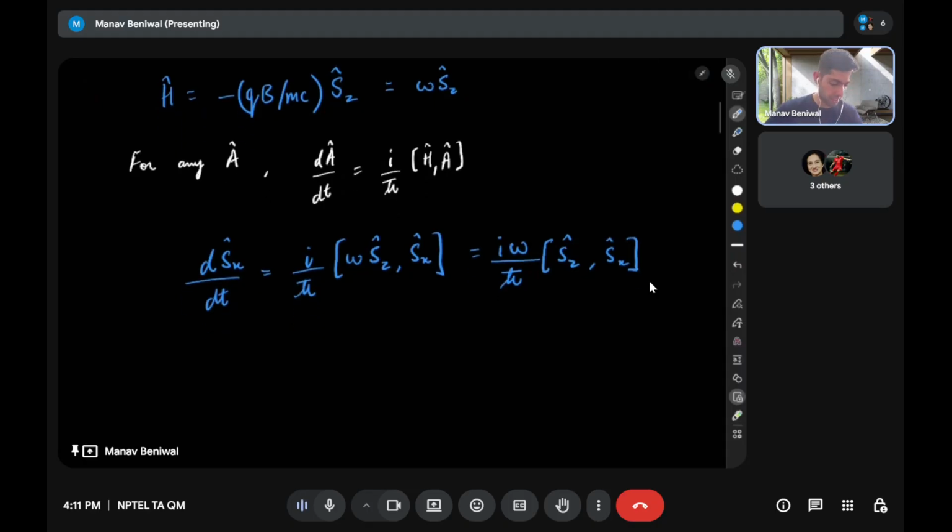In the previous class we didn't know these values, but I hope now we are comfortable with spins and angular momentum. Using the cyclic relation, the value of this commutator comes out to be i h-cut times S_y.